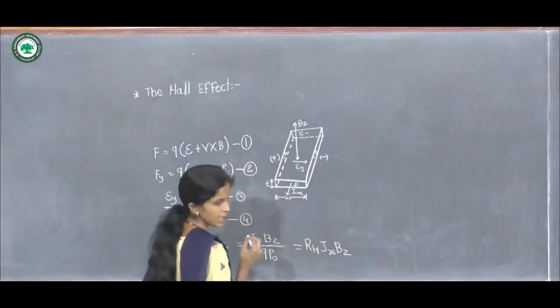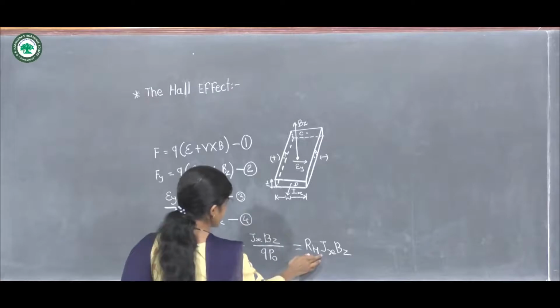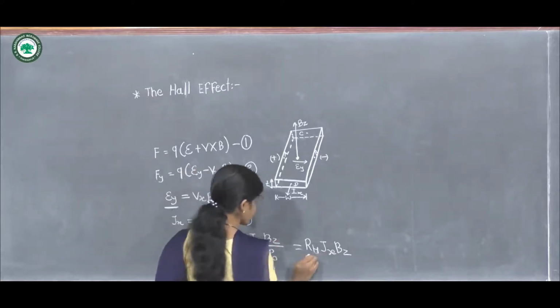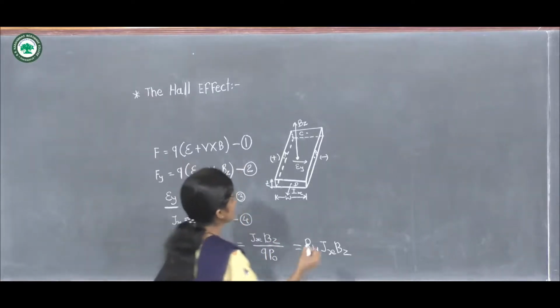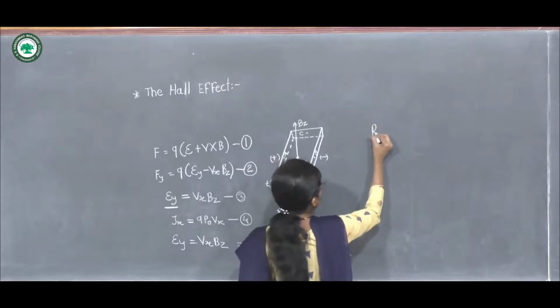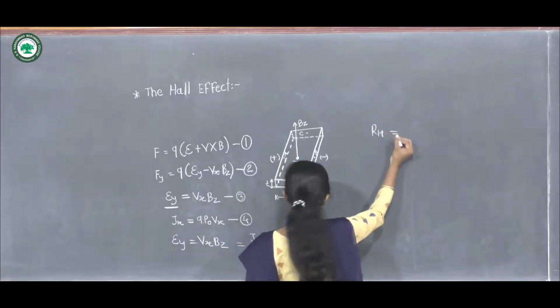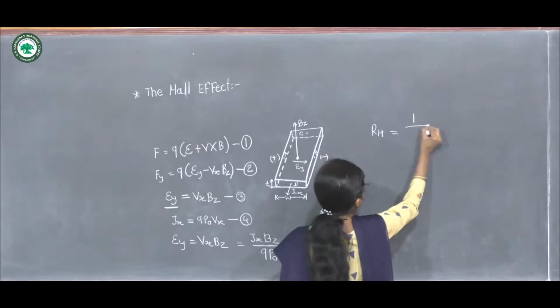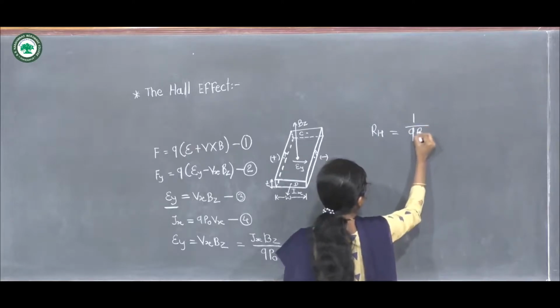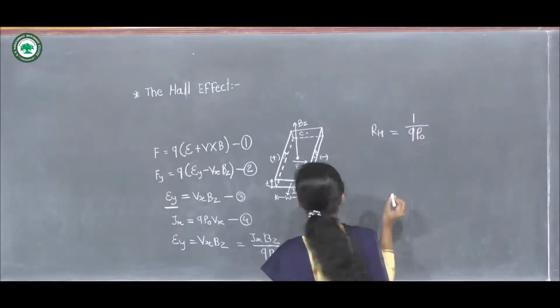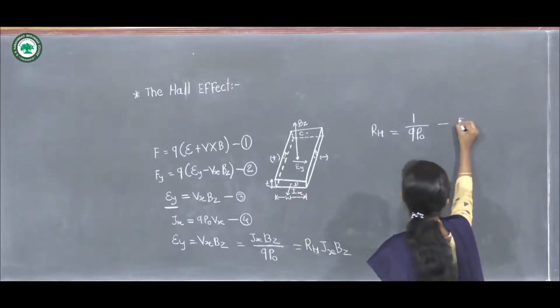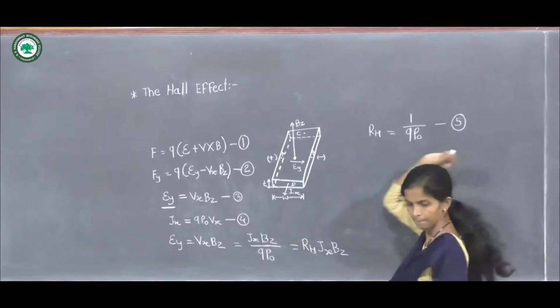So this is RH, the Hall coefficient, and it has the value RH is equal to 1 upon Q into P naught. So this is equation number 5.